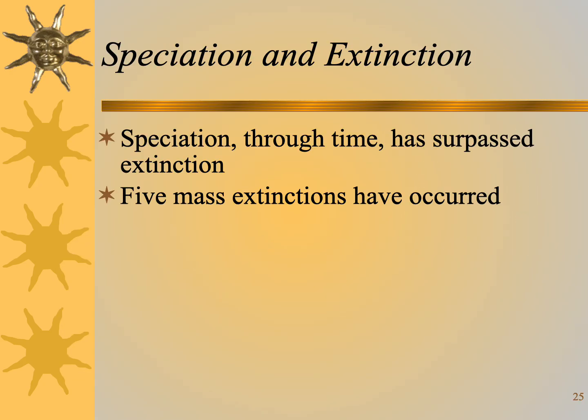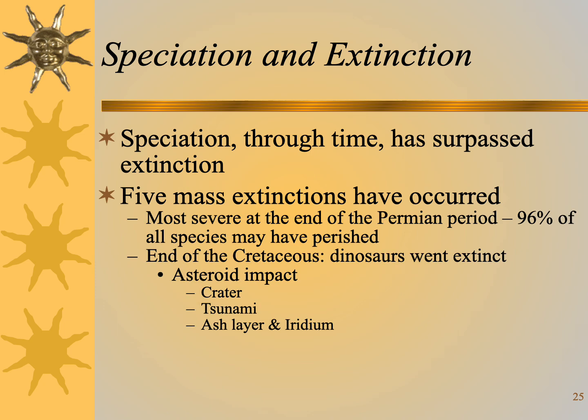So speciation through time generally has surpassed extinction, but these mass extinctions are times when there's more extinctions than there are species. And some of these have been really severe, and we have an idea of what happened for some of them, but not others. Like the Cretaceous, we know that's when the dinosaurs went extinct. It's related to a large asteroid impact that produced ash that can be found in sediments worldwide.